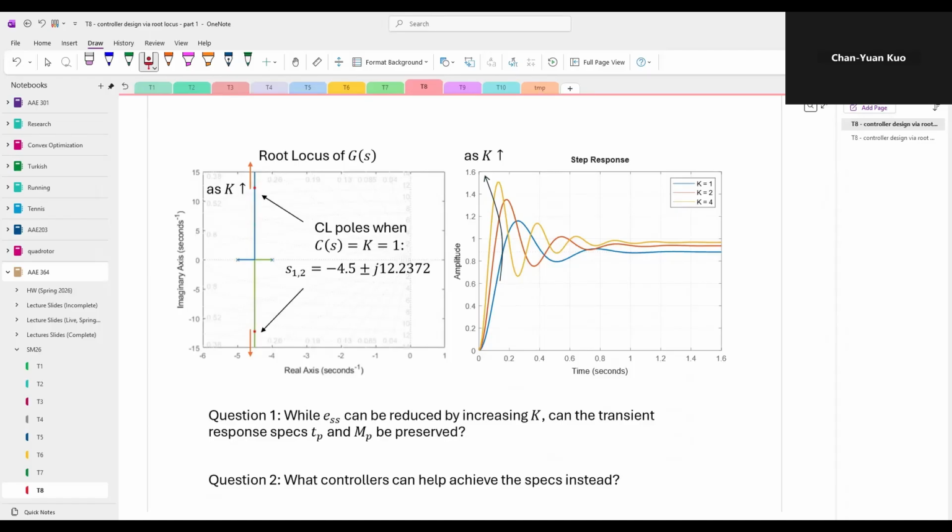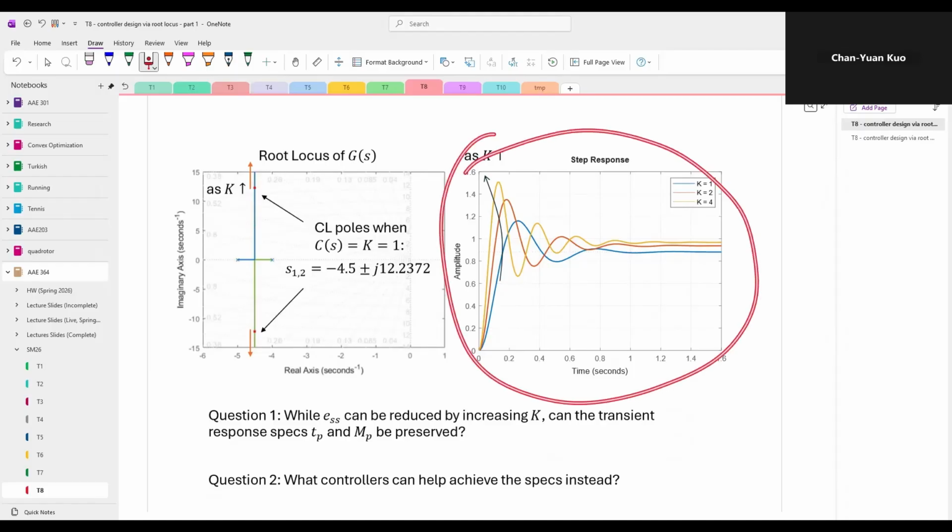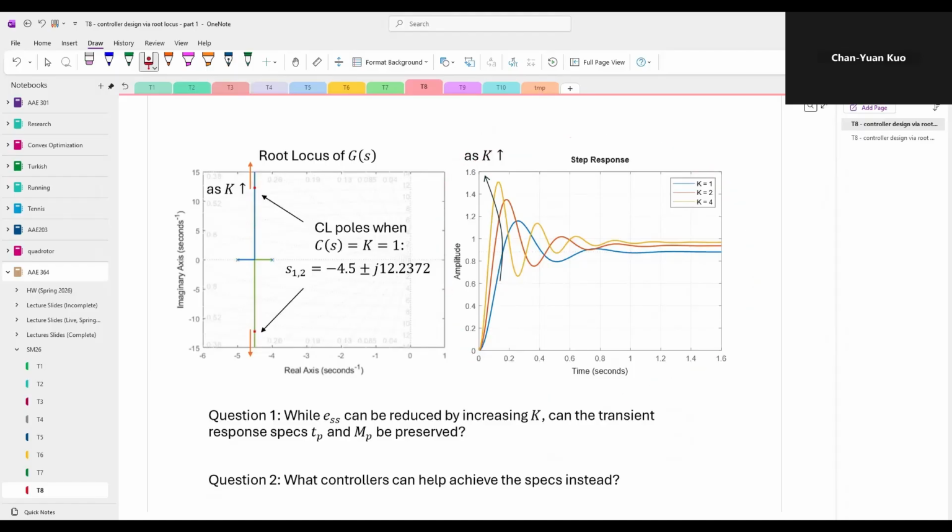As a result, the oscillation becomes faster and the overshoot also increases, as shown in the step response on the right. Therefore, a P controller cannot improve the steady state accuracy while preserving the original transient response.